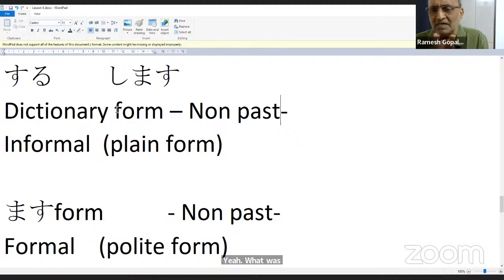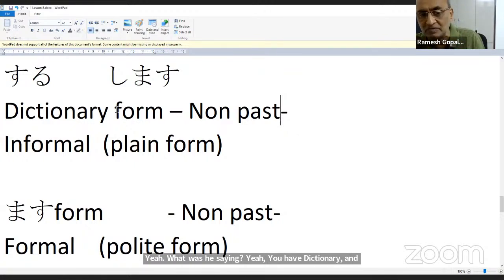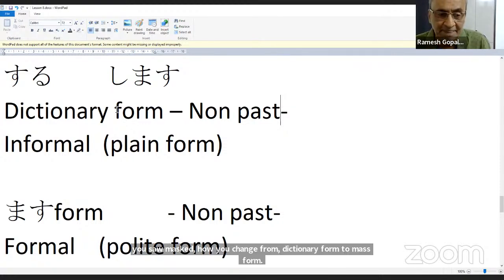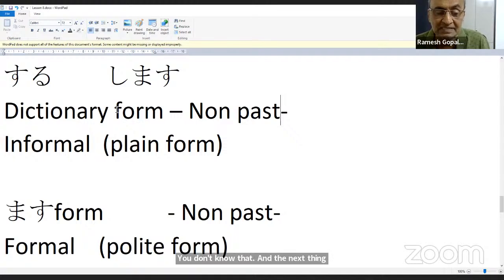Yeah, a mass form, you have dictionary form and you saw mass form, how you change from dictionary form to mass form. You know that. And the next thing is the group 2 verbs.